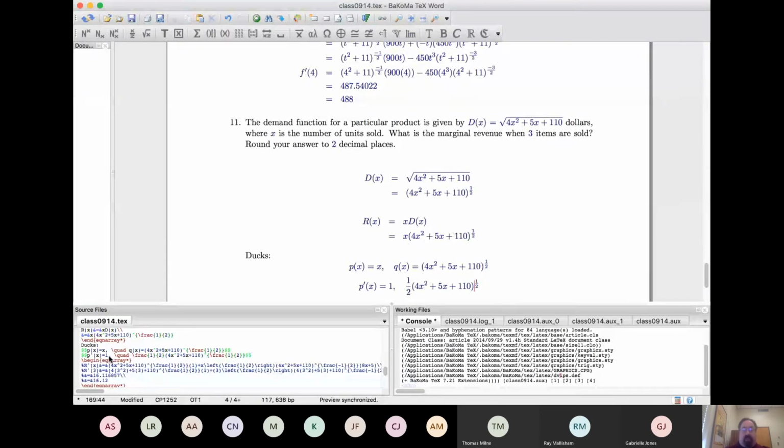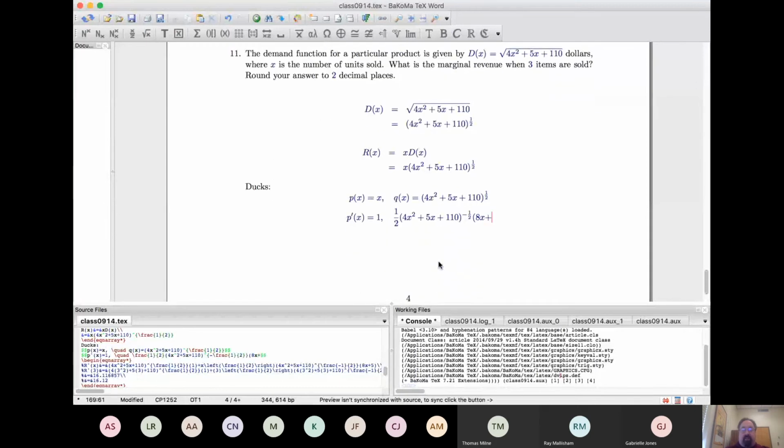We have the same expression raised to the minus 1/2 power times the derivative of what's inside here. So that would be 8x plus 5. Oh, I've got to label that. That's Q prime of x.